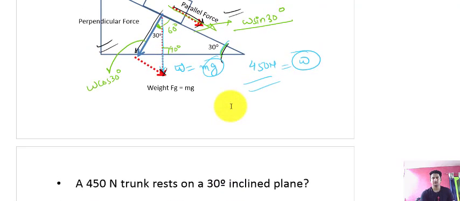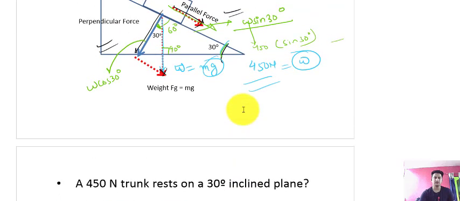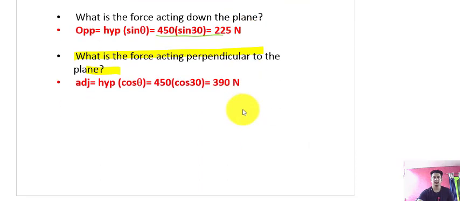W is 450, and you can calculate sin 30 from a calculator and get the value. Now part B asks what is the force acting perpendicular to the surface. You have already calculated the perpendicular case, W cos 30. Simply put the value of W and you can get the answer.